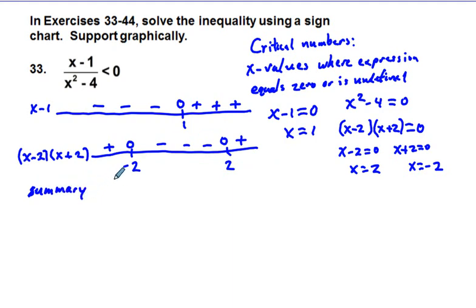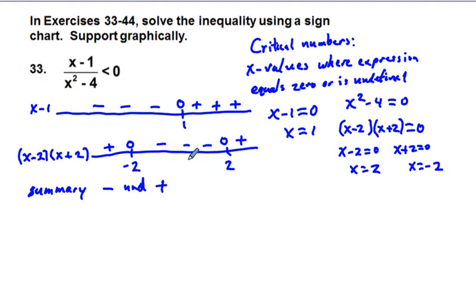And in our summary, we go ahead and take the quotient. We have negative divided by positive is negative. Then at negative 2, we have negative divided by 0, which is undefined. Then we have negative divided by negative, which is positive.